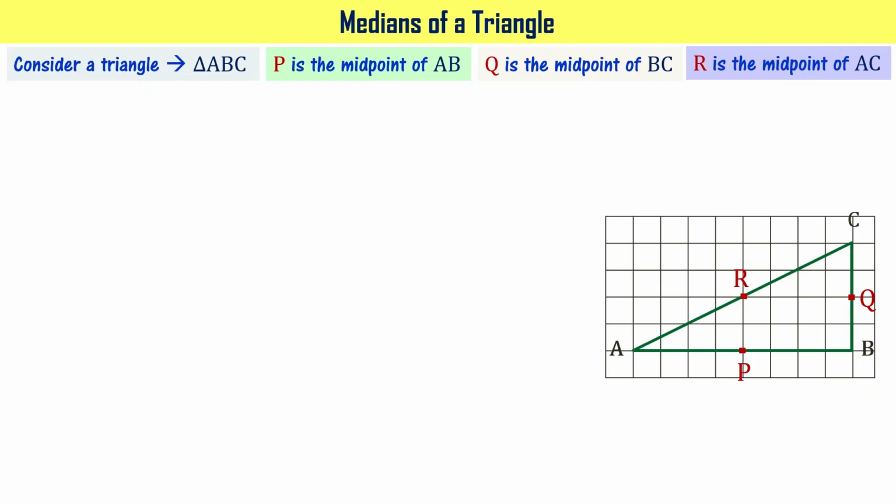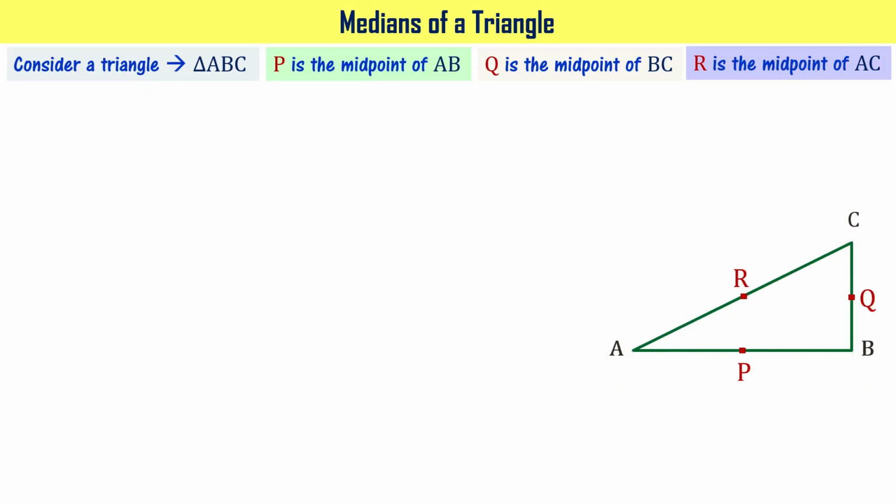It means R is the midpoint of side AC, right? Now what I'm going to do is I'll connect point P to vertex C. In other words, I'm going to draw a line from vertex C to the midpoint of the side opposite to vertex C. The side opposite to vertex C is AB.